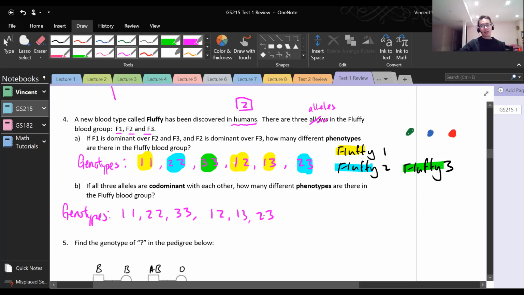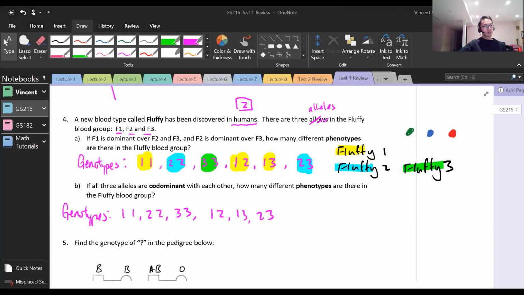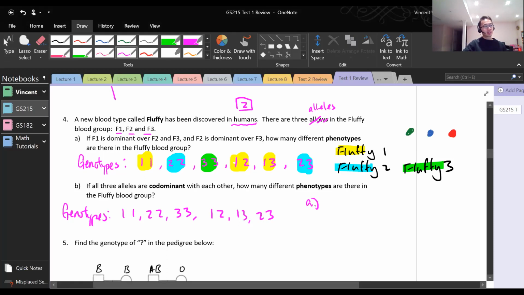So how many phenotypes will there be? Let's do a poll. If you think it is 3, please choose A. And F, not sure. Remember, they're codominant now.